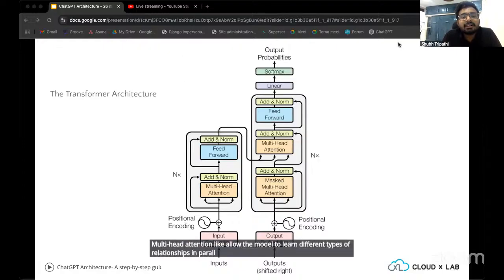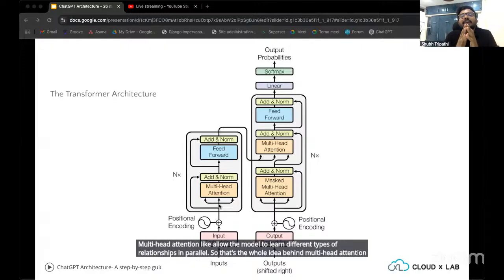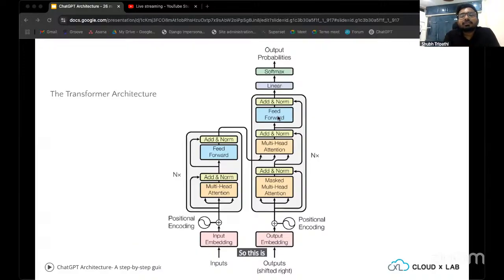That's the whole idea behind multi-head attention. There are many heads of attention, so many attention computations going on over the input embedding which we pass. After multi-head attention returns the attention scores, the scores go through a fully connected feed-forward network layer.